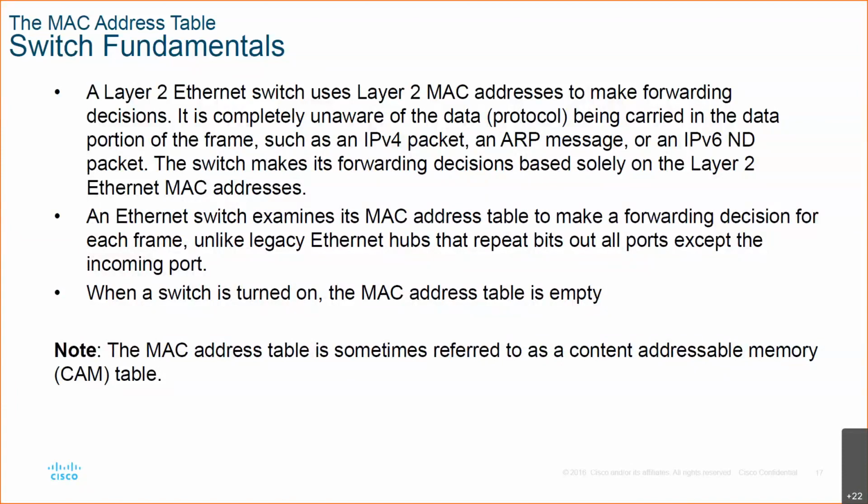It doesn't know IP version 4 messages, ARP messages or IP version 6 ND packets. It only knows MAC addresses, and it has a table with a list of all the MAC addresses. That is why the data link layer is very important. It has to take the IP address in the network layer and convert it into a MAC address.